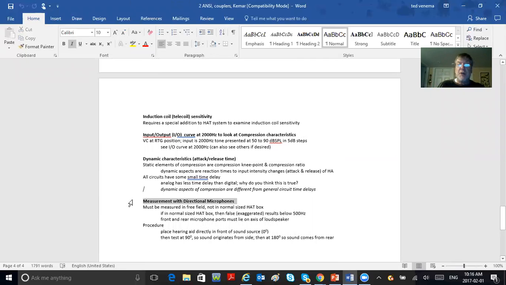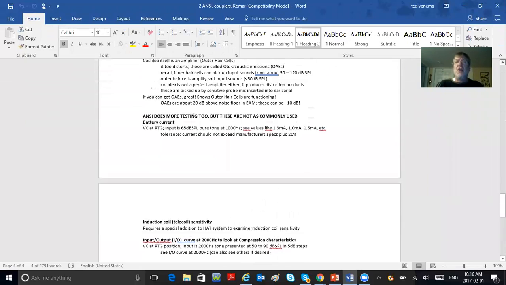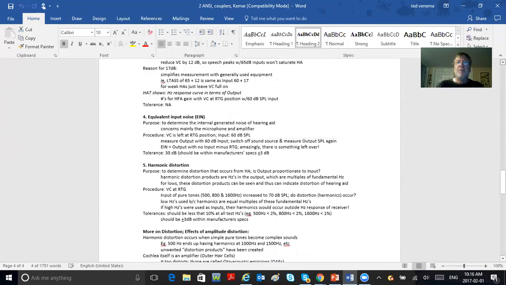It tests your directional microphones on a hearing aid, okay? ANSI tests a whole bunch of stuff. But we're not really going to cover that so much, not in this course. We are mainly going to stick to those 5 main measures: OSPL 90, full-on gain, reference test gain, equivalent input noise, and harmonic distortion.